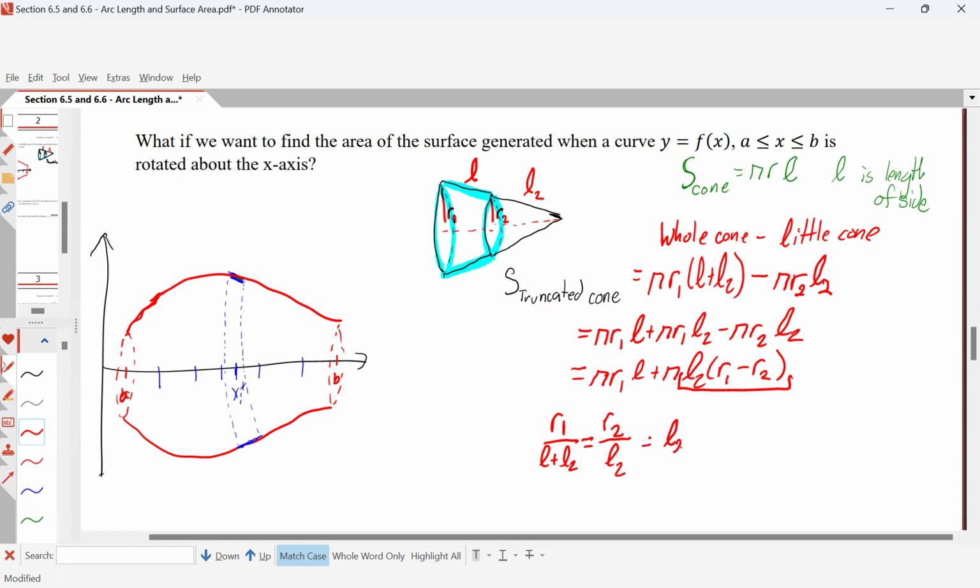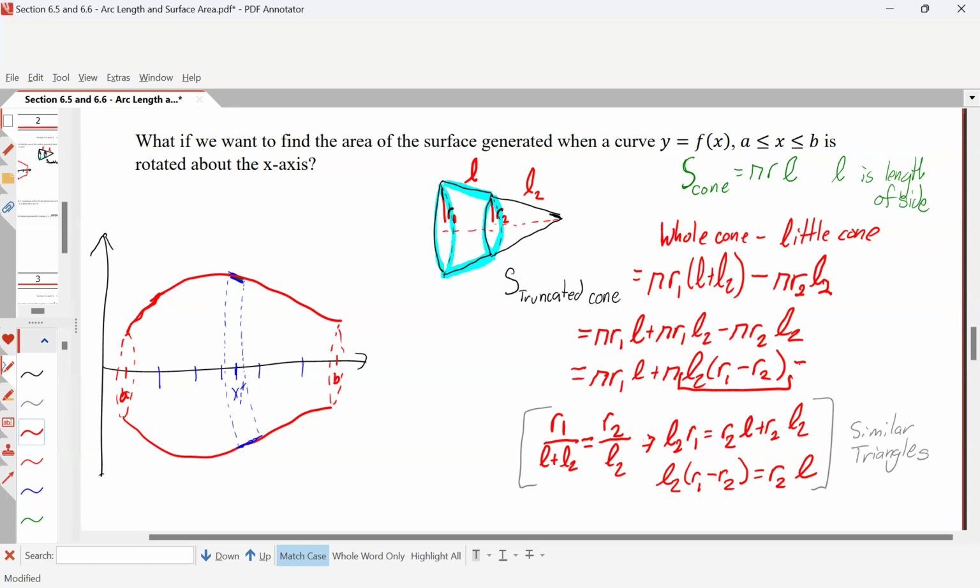Multiplying this out, we get L2 R1 is equal to R2 L plus R2 L2. Subtracting R2 L2 over, L2 times R1 minus R2 is equal to R2 L. So by similar triangles, we actually get this part underlined is the same as R2 times L.